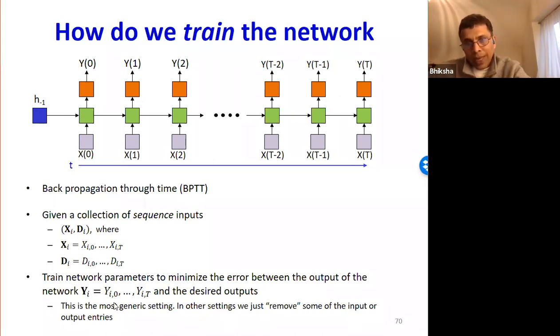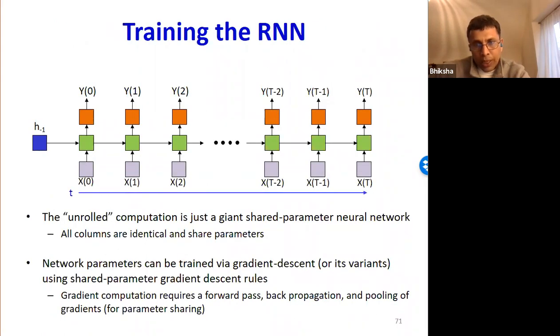Again, it's important to note over here that this unrolled network is just one giant neural network with shared parameters. All of these columns are identical. So we're going to train the network using gradient descent. And because this is just one giant neural network, as in all neural networks, you will start at the end and then you will propagate the gradient backwards.